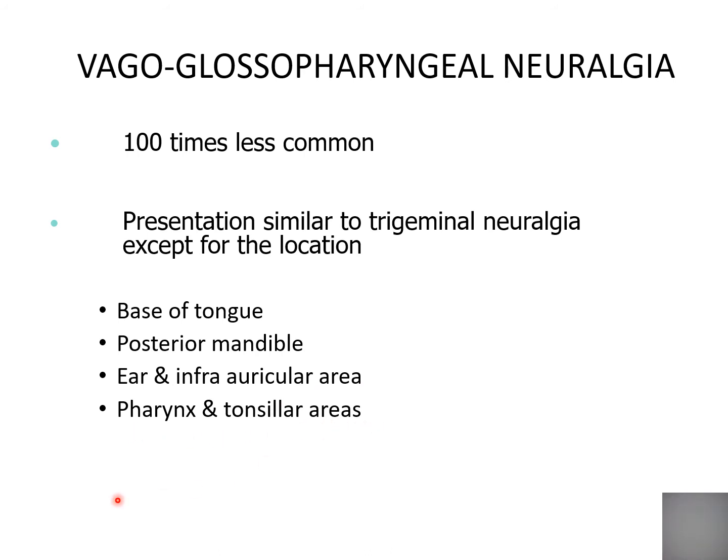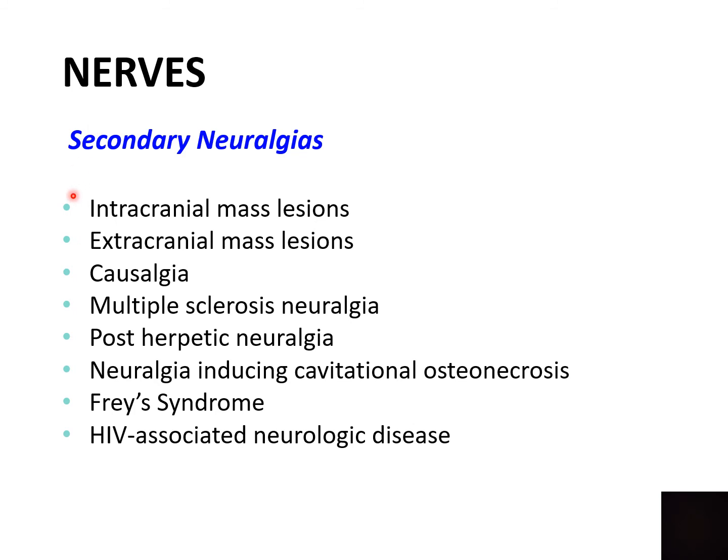The management of vago-glossopharyngeal neuralgia is very similar to that for trigeminal neuralgia, and the main option is antineuralgic medication, which we've discussed previously. We shall now look at some examples of secondary neuralgias in the head and neck region. So, intracranial or extracranial mass lesions. When we say mass lesions, we mean either tumors or cysts.